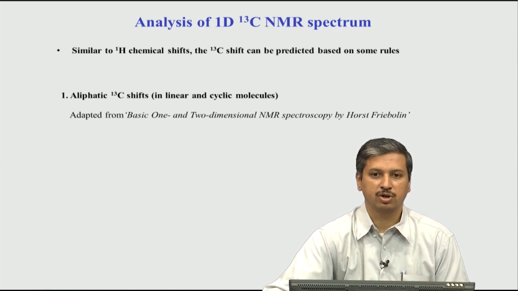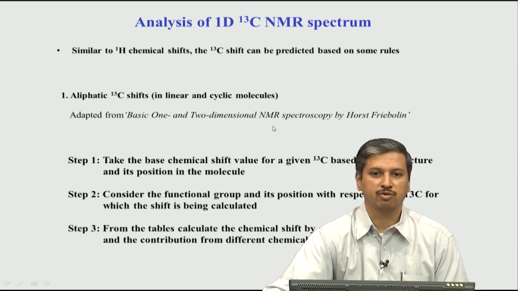This is similar to what we did for hydrogen proton NMR. There also we were given the structure, we had empirical rules, Shoolery rules and Pascual-Simon rules and so on, and based on that we tried to predict the chemical shifts. So, let us look at how we do that for carbon.